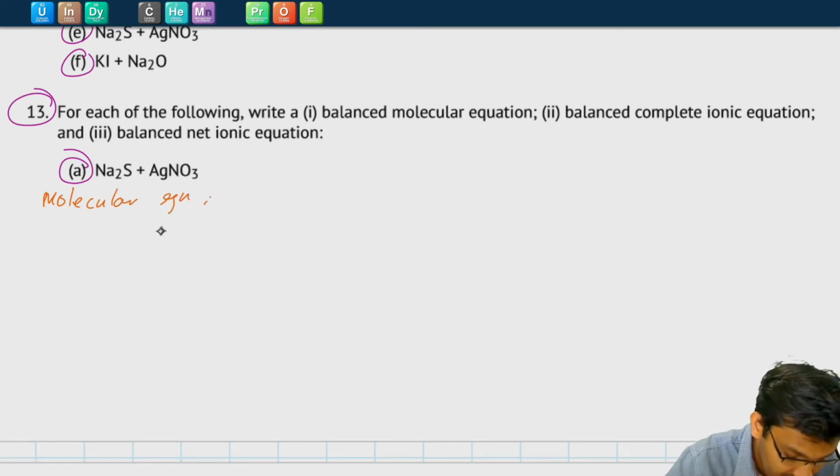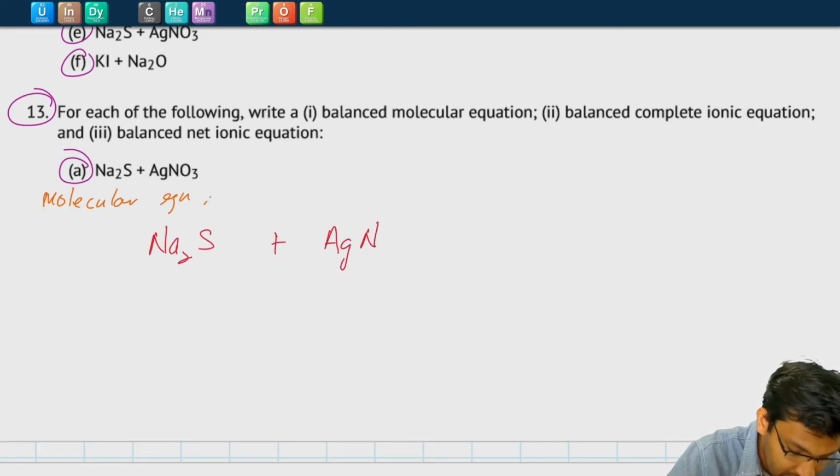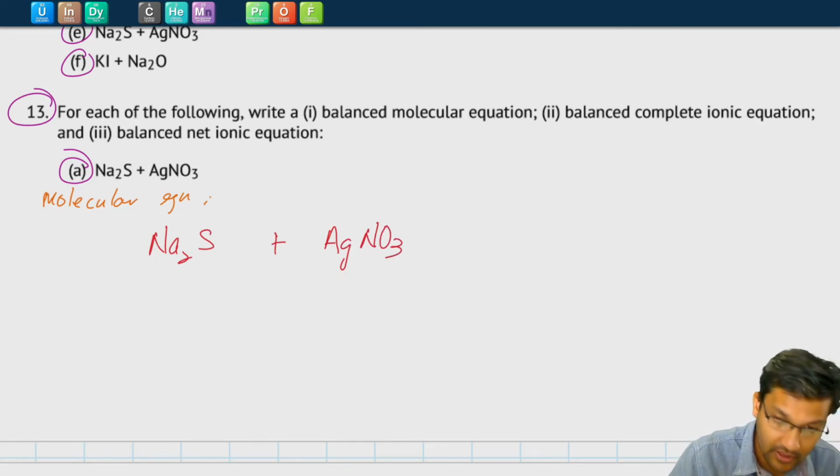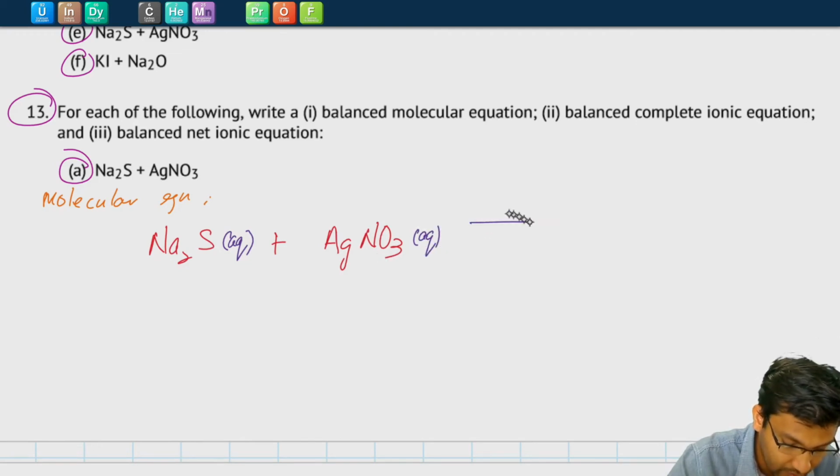Okay, we're starting with sodium sulfide and silver nitrate. If we look at our solubility rules, we'll find that this is aqueous because, again, sodium always soluble, and this is also aqueous, nitrate always soluble.